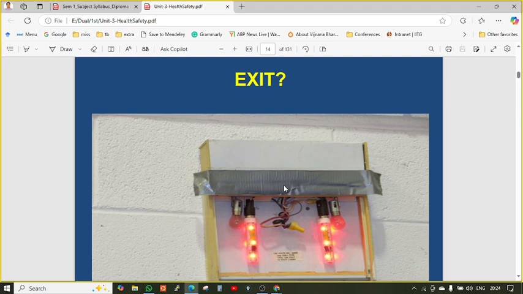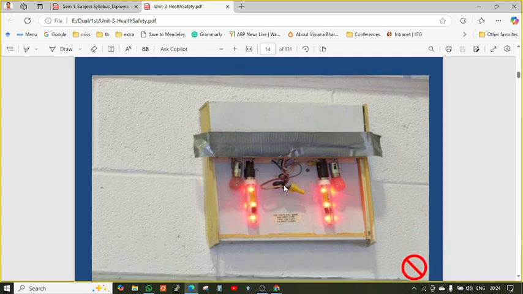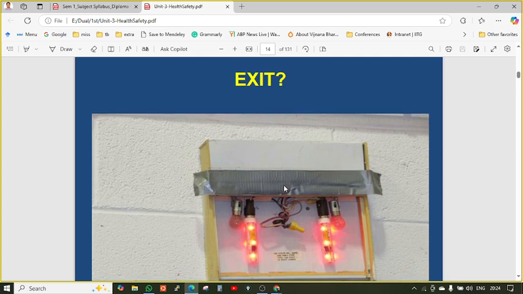Next is the exit. Every working place where there is a gathering needs exit positions. If suddenly there is a fire and people do not know where the exit is, they remain inside and more fatal accidents happen. So the exit should be clear.